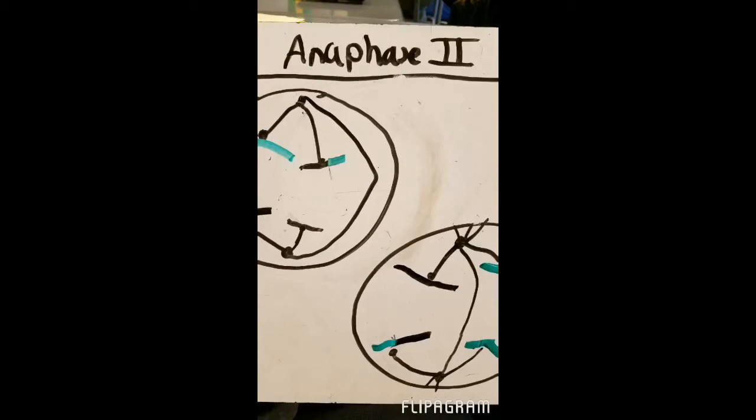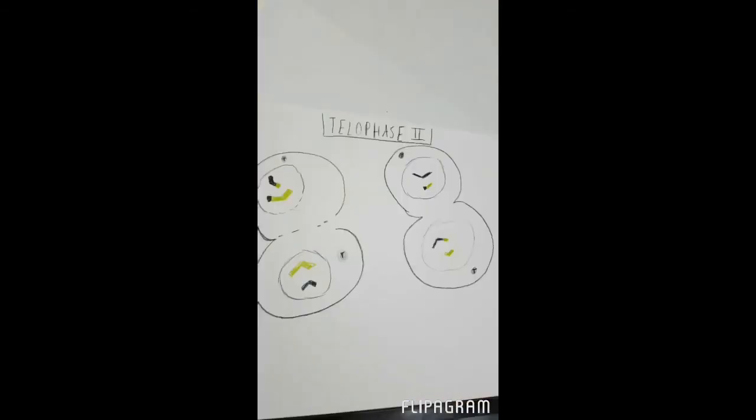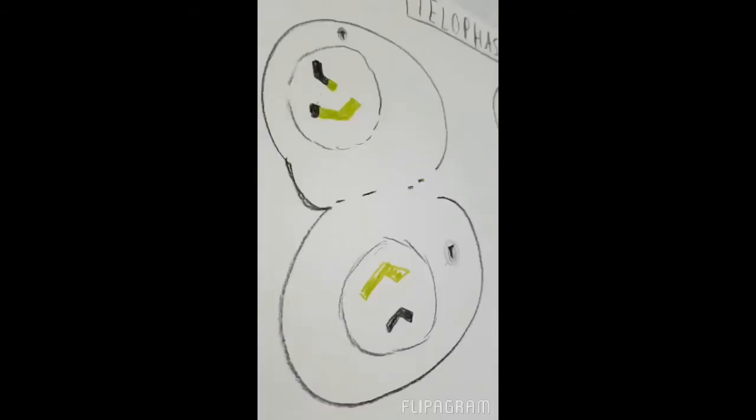In anaphase 2, sister chromatids separate and are pulled toward opposite poles of the cell. In telophase 2, nuclear membranes form around each set of chromosomes, and the chromosomes decondense.